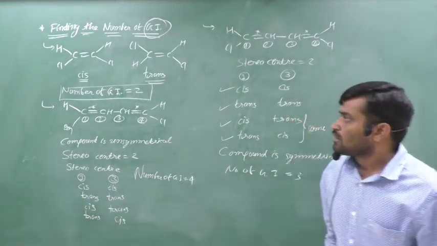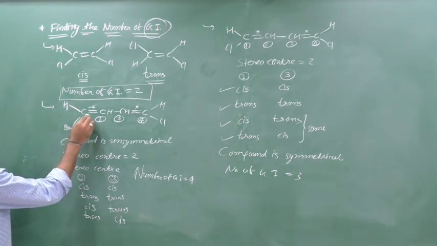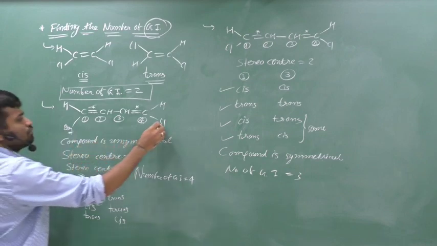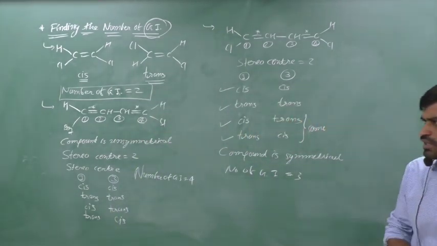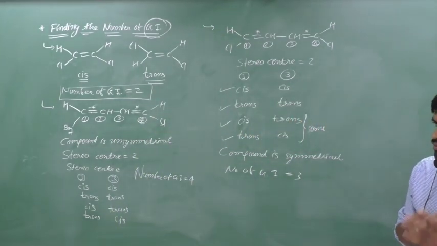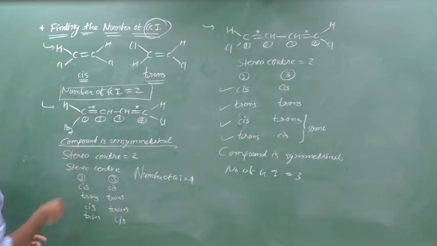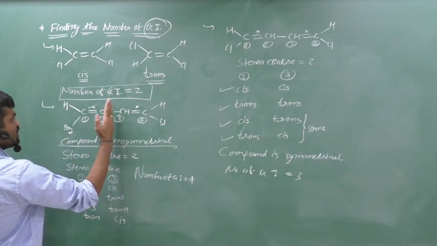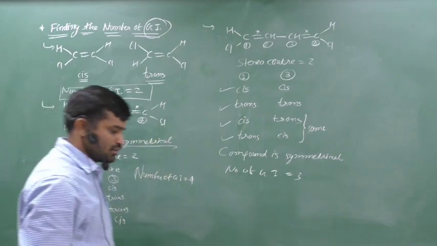Clear? Now suppose we have a structure like this: H C double bond C, H, CH double bond C, HCl and here a Br. If we check the symmetry of this compound, we can say that it is unsymmetrical, because if any plane passes through the middle, there are two different parts, here a chlorine and here a bromine.